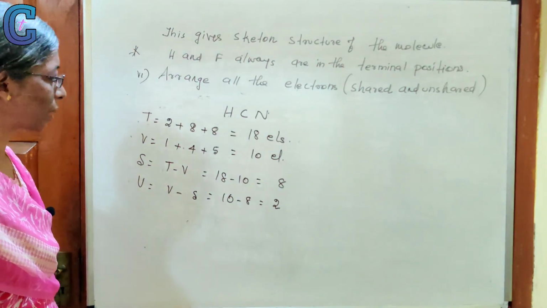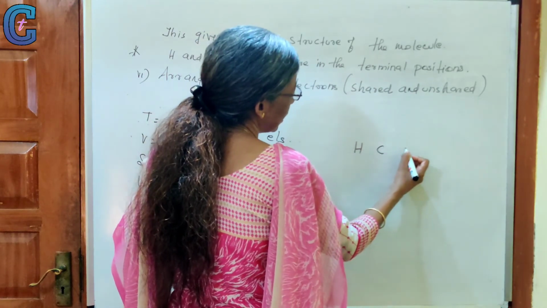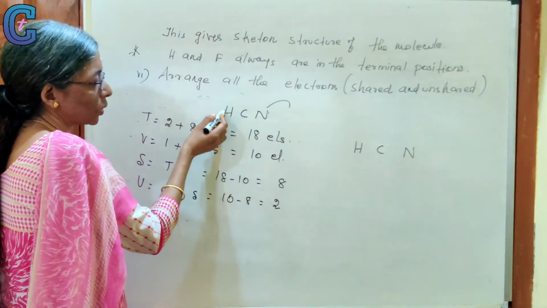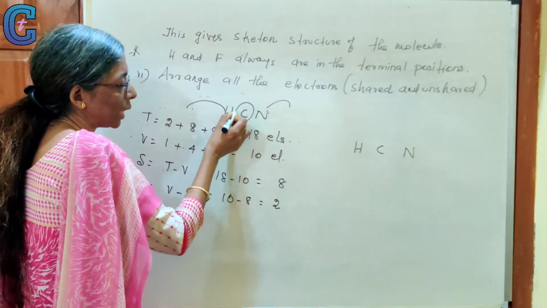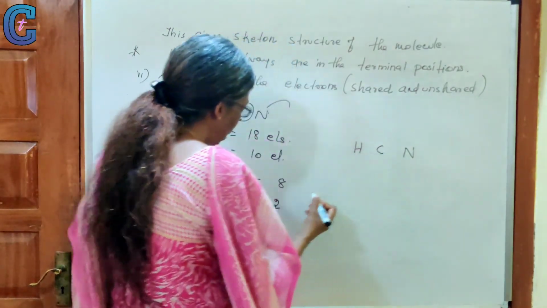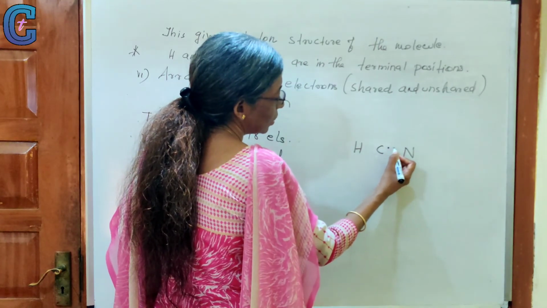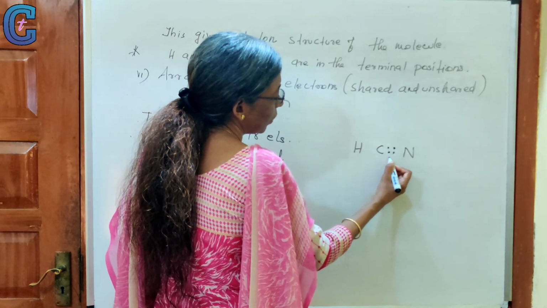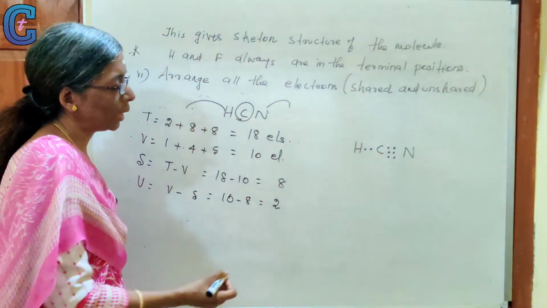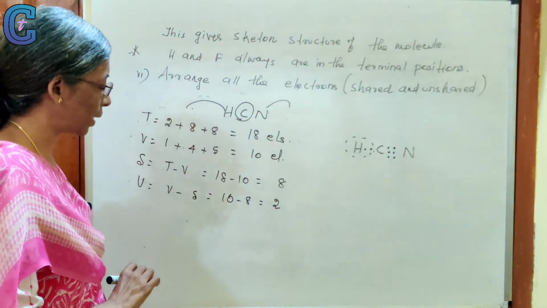Okay, now children, come on here, so we can represent HCN. You see, nitrogen is more electronegative, hydrogen is also more electronegative, so the least electronegative carbon we are writing in the middle. Then how many shared electrons are there? 8, 1 2 3 4 5 6 7 8. Hydrogen has a duplet configuration, so nothing to be added here.